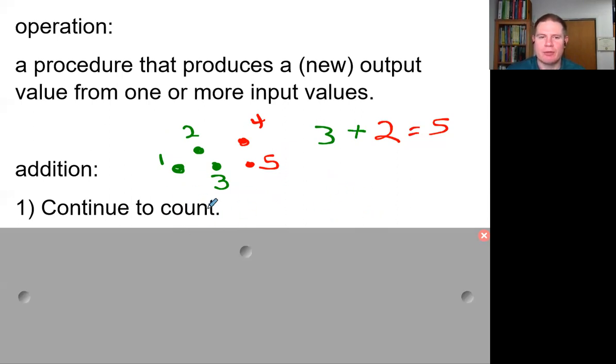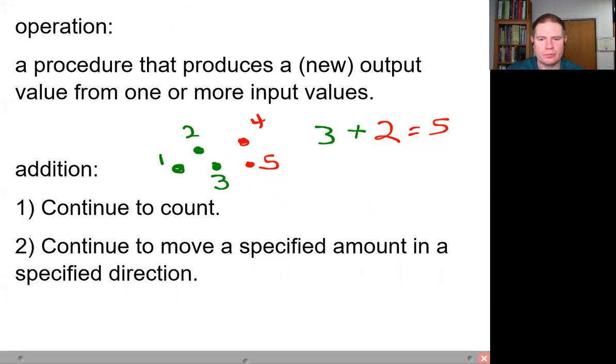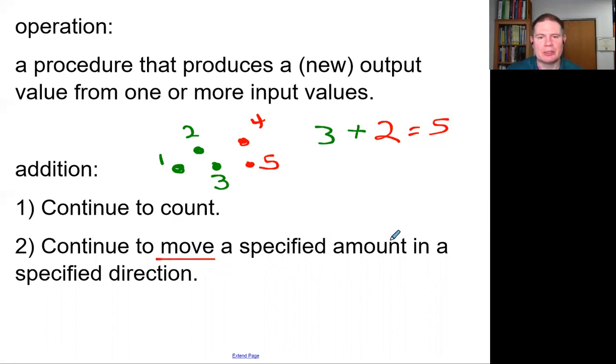That doesn't really fit this definition. So even though this is technically correct, I have another definition that's a little more precise. Addition means continue to move a specified amount in a specified direction. So that's where the number line really comes in handy.